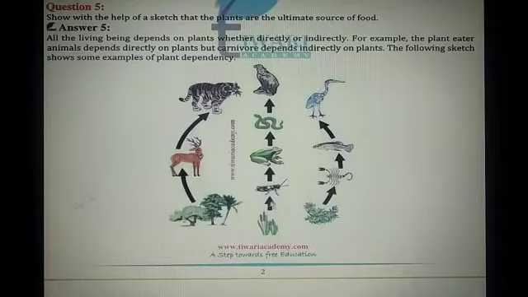So I hope you understand that all the living beings depend on a plant, whether directly or indirectly. For example, the plant-eating animals depend directly on plants, but carnivores depend indirectly on plants. That means all the living organisms depend on plants.